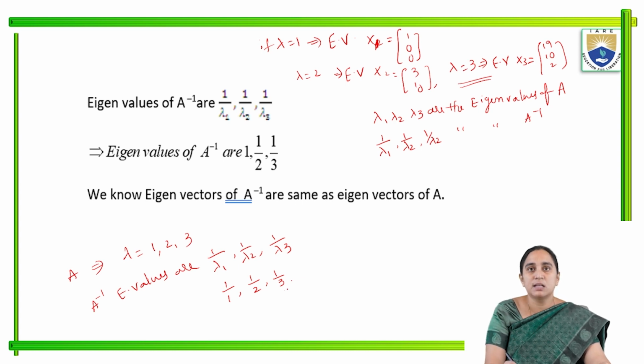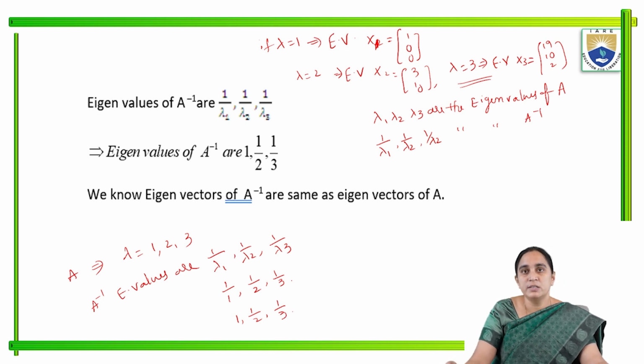These are the eigenvalues of A inverse. For this question, we discussed finding eigenvalues and eigenvectors, and after that finding A inverse, for distinct eigenvalues.